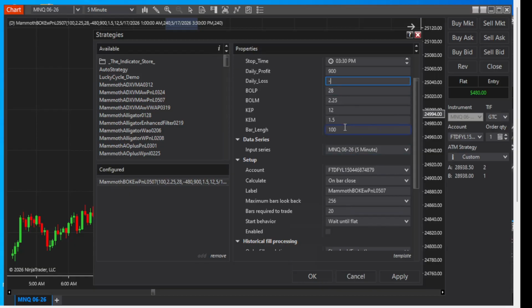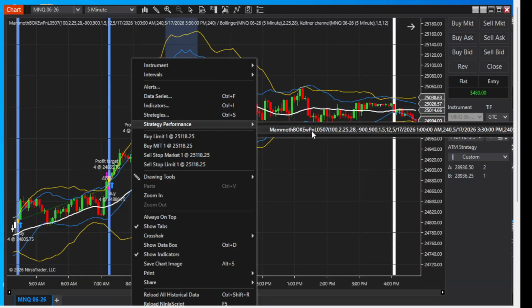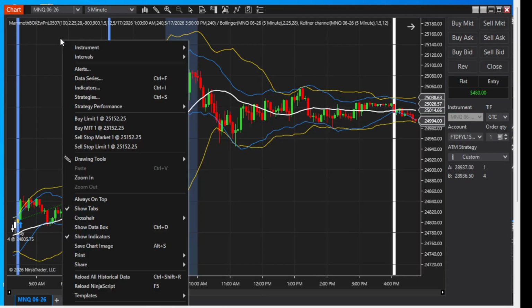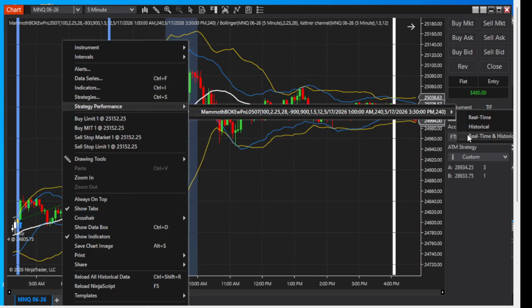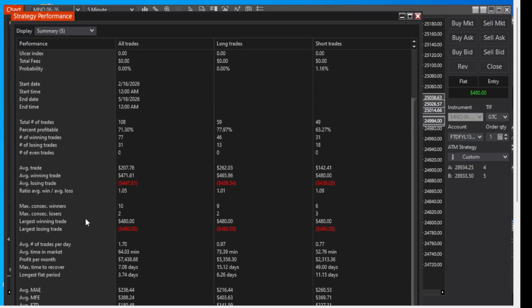If you just say daily loss is 900, right? And you look at the performance, same thing, right? 960, that's the max drawdown, and then you have two consecutive losers. So this is a good setting based on the daily profit and loss.